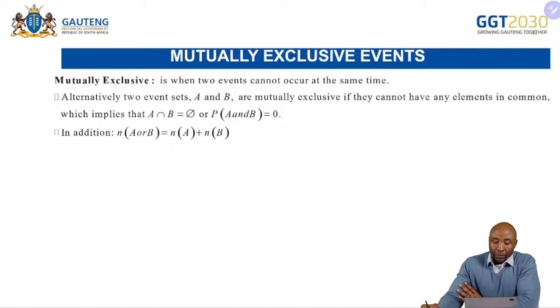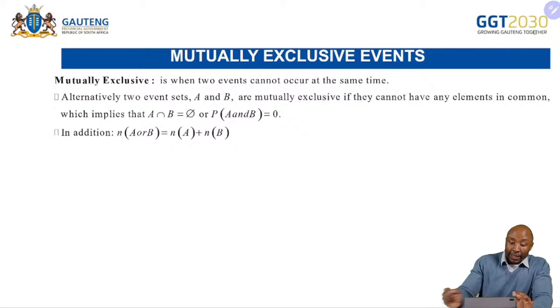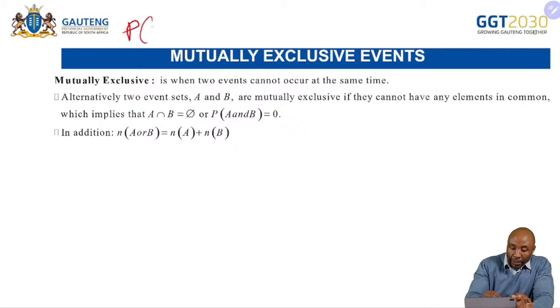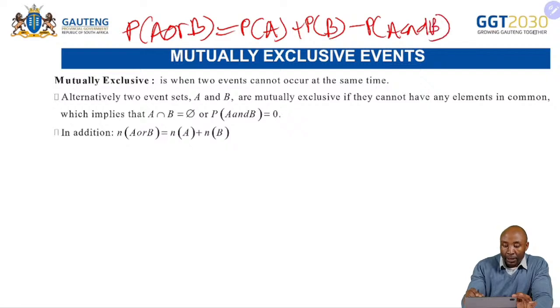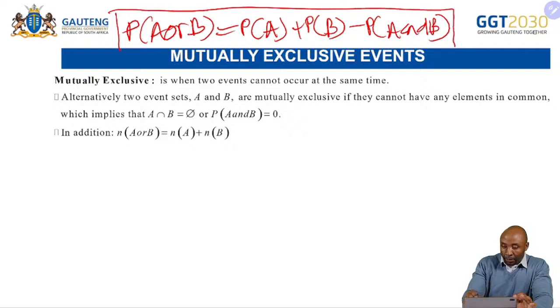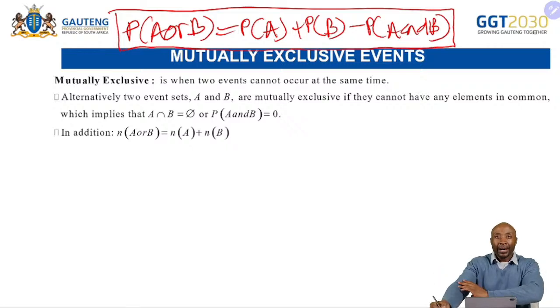So remember, we are saying our probability equation P(A or B) is given by the probability of A plus the probability of B minus the probability of A and B. So this is an important identity that we are going to use for grade 10 work, grade 11 work, and for our grade 12 work.